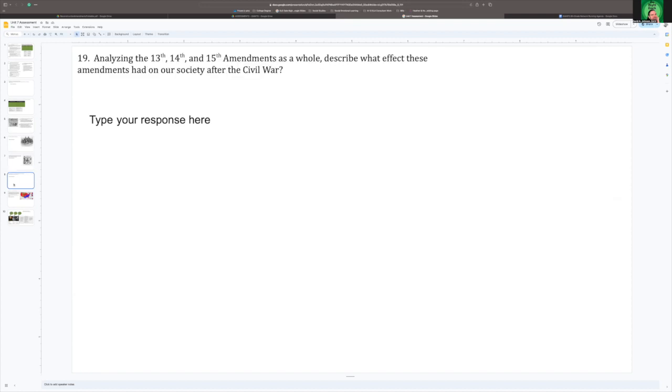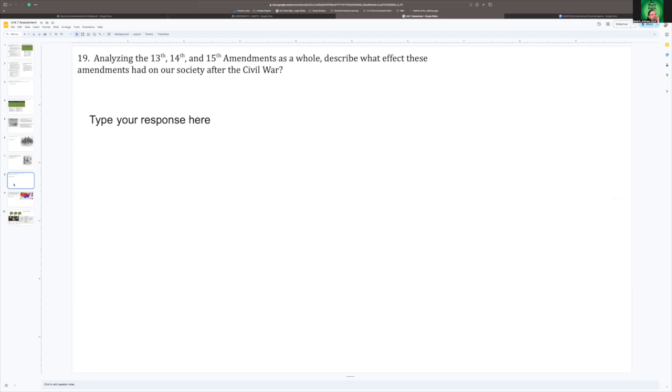Then we get into analyzing the 13th, 14th, and 15th Amendments. Kids may have done this partially back in your Constitution unit early on in the year. They're going to do it here now in context, and now they understand more about why the 13th Amendment was passed, why the 14th, why the 15th, and why these amendments were so important and so big.